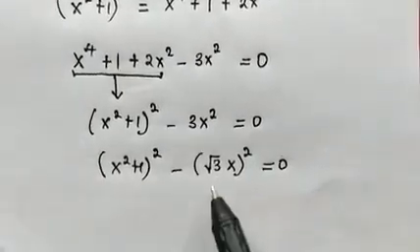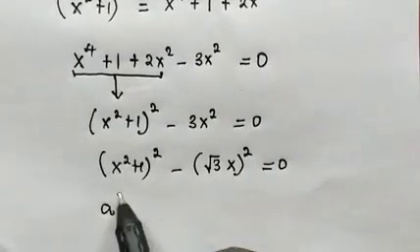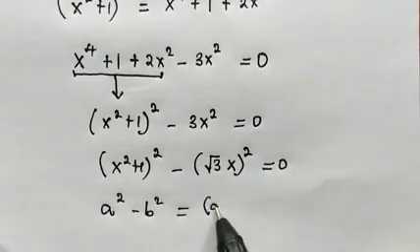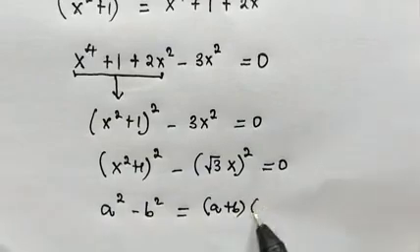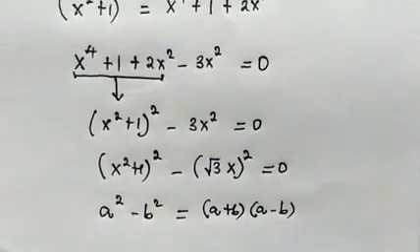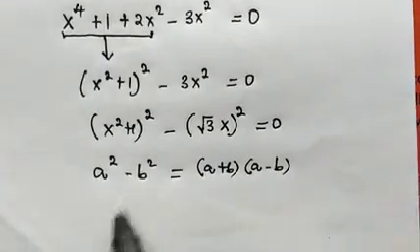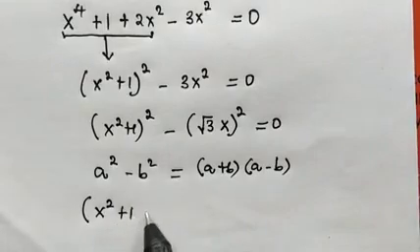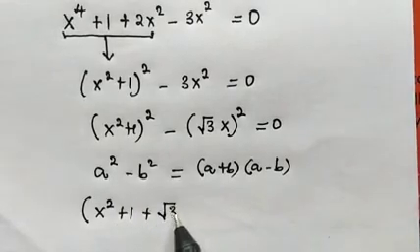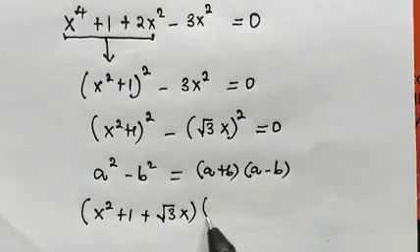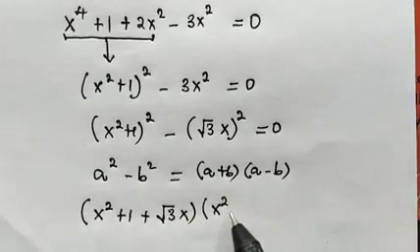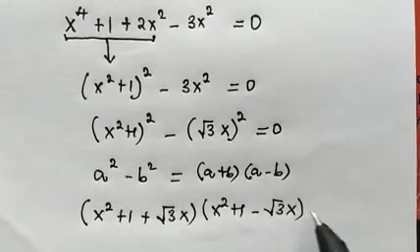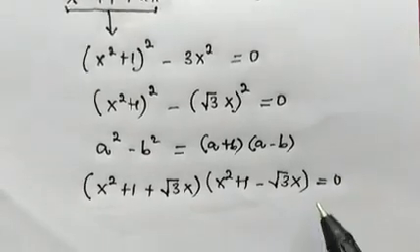Now looking at this, we recall the difference of two squares formula. A squared minus b squared is equal to a plus b multiplied by a minus b. So using this one, this will become x squared plus 1 plus square root of 3 times x multiplied by x squared plus 1 minus square root of 3 times x, and therefore this is equal to 0.